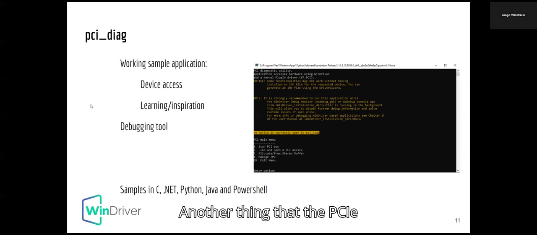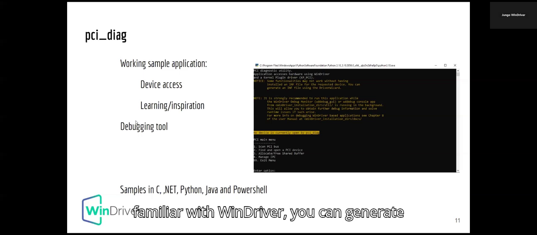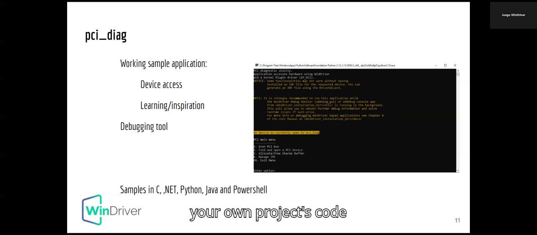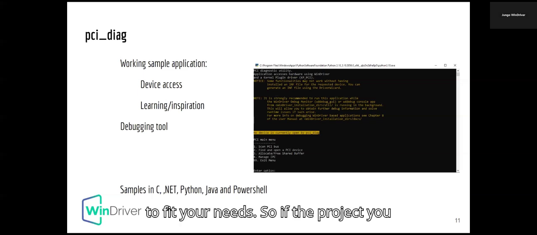Another thing that the PCI Diag tool can do for us is to be a great debugging tool. How so? Because it is a working application. In WinDriver, if you're not familiar with it, you can generate your own project's code automatically. And this code will probably need to be modified to fit your needs.